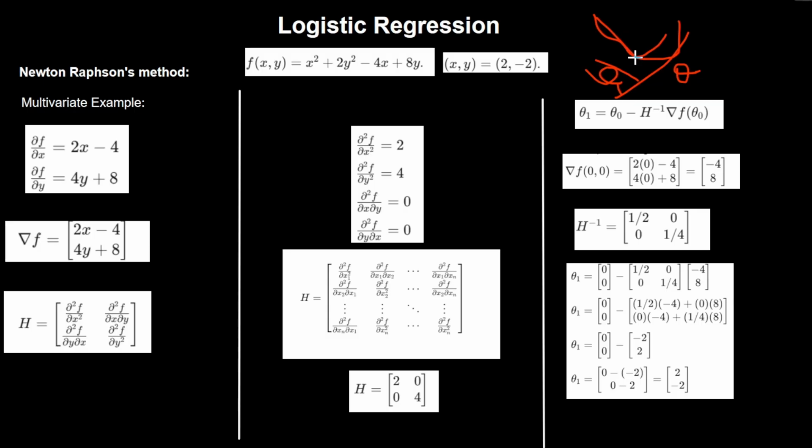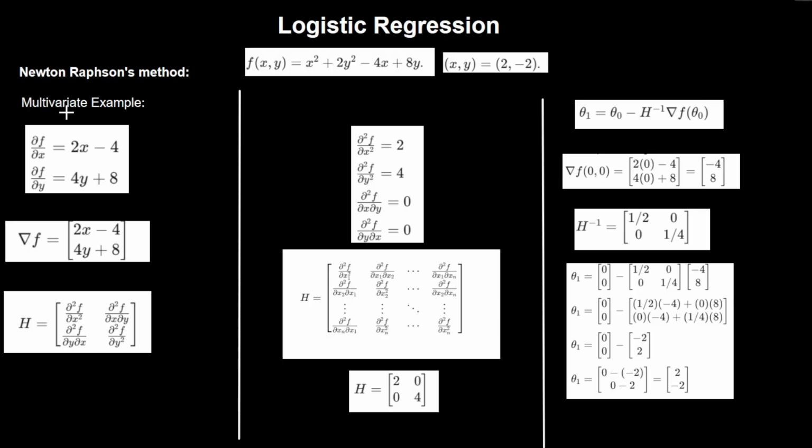We need to find the bottommost part of the bowl. Here we have the two variables in this function, x and y. Using calculus, you can find the minimum of this function, which is minus 2 and 2. Let's achieve this with the help of Newton-Raphson's method.